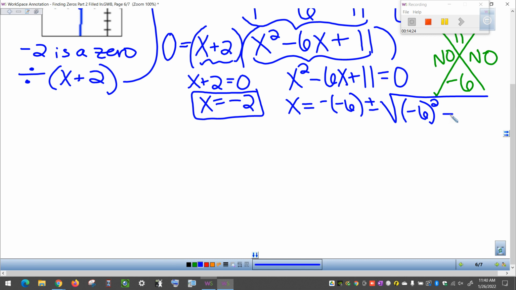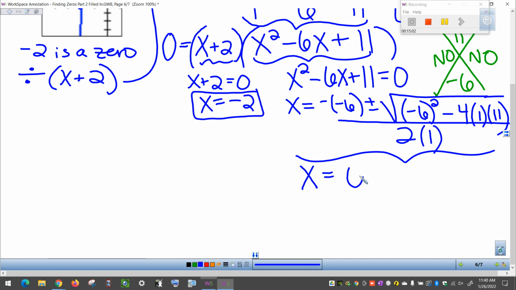If you were to type it into a calculator, you would have to have the parentheses there just as you see it. And then we're subtracting 4 times a times c. So it's going to be 4 times 1 times 11. And all of that will be divided by 2 times a, which is really just going to be 2 times 1.